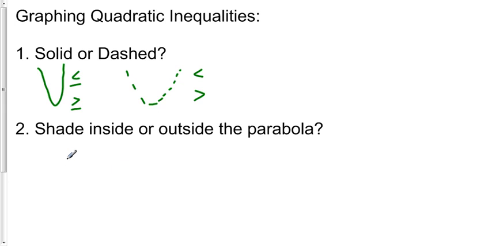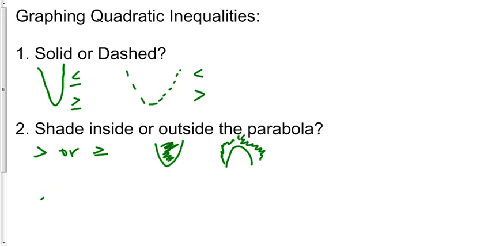And then do you have to shade inside or outside of the parabola? I like to think of it as above or below, not really inside or outside. Let's say that your symbol is greater than or equal to. If your parabola is a regular U-shaped graph, you're going to shade above the parabola, or inside the parabola. If your parabola is upside down, greater than still means shade above the line, so you're shading outside of the parabola.